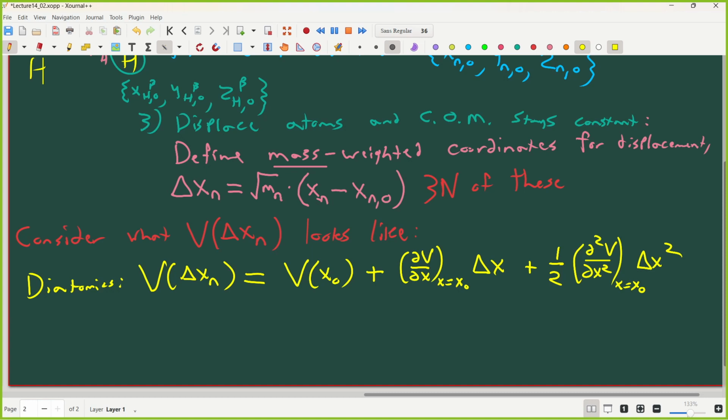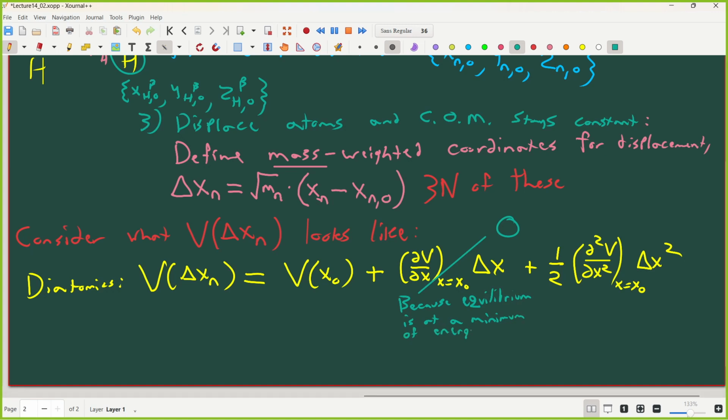And of course, this term goes away, just like it did in the Morse oscillator, because we're at a minimum. This goes to 0 because equilibrium is at a minimum of energy. And we can always set this to 0 by letting V of x0 just be set to 0.